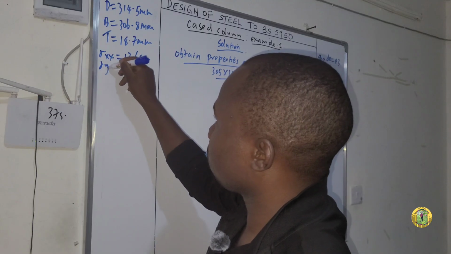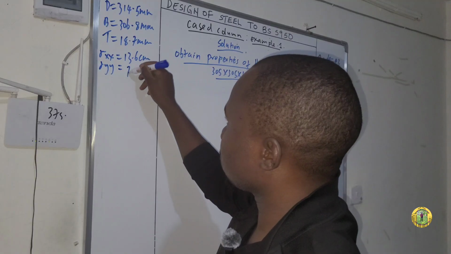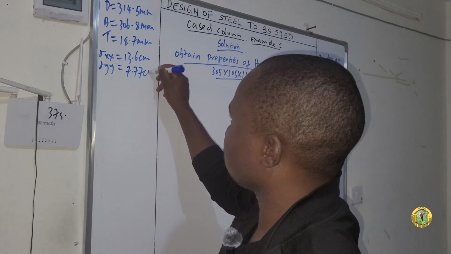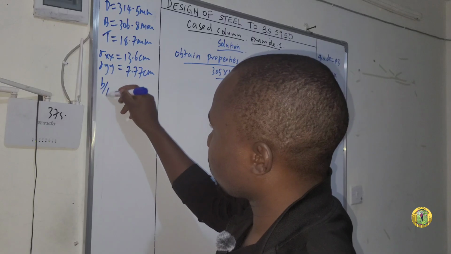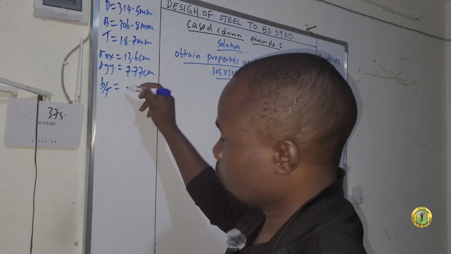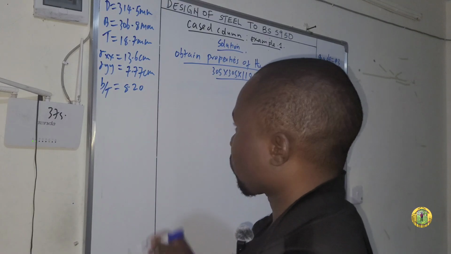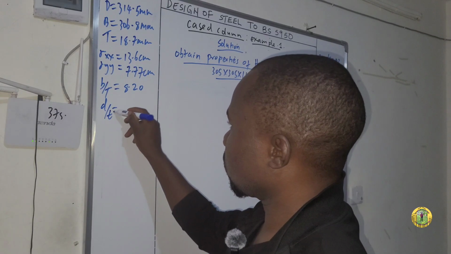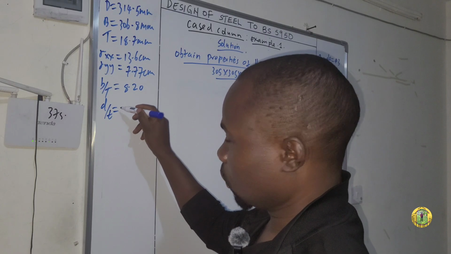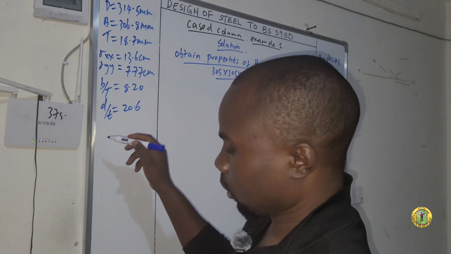We have the radius of gyration about y axis is equal to 7.77 centimeters. We have B over capital T is equal to 8.20. We have D over small t is equal to 20.6.